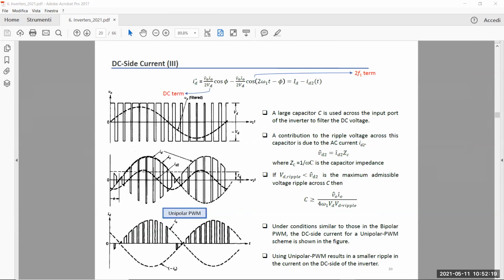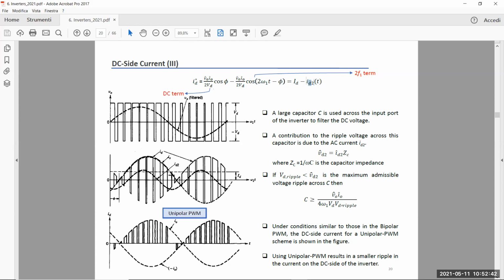And then you can have this current ID as a DC component. So this contribution here, a DC quantity, constant, plus this quantity here, which is ID2 switching, a sine wave at 2 times frequency f1.